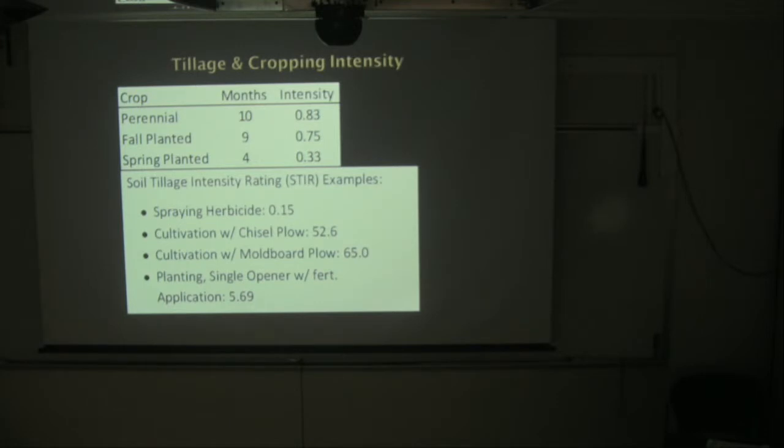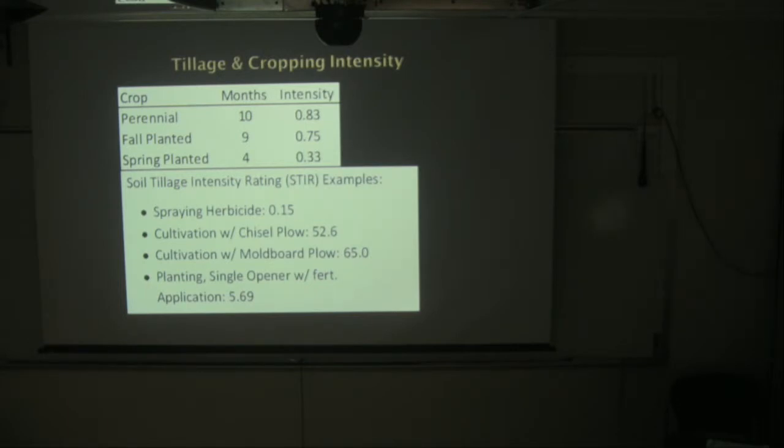Then, in order to quantify tillage, I utilized a system developed by the NRCS called the Soil Tillage Intensity Rating. This is commonly used in the Russell equation and represents a relative degree of disturbance represented by each operation for each crop in rotation. For example, here I show spraying herbicide, which is relatively low disturbance, has a STIR rating of 0.15.